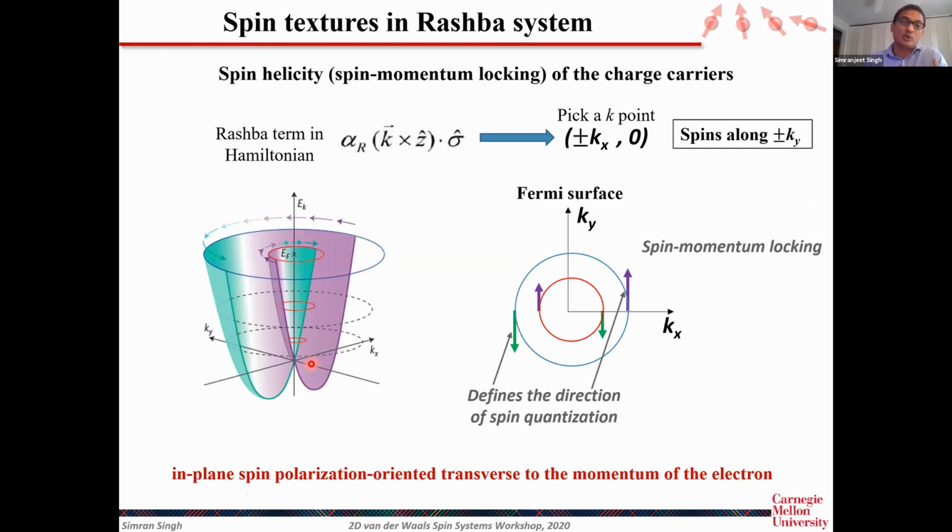And this has been probed in a number of systems, including graphene, TMDs, and also conventional oxide systems, and also in topological insulators. The only difference is you have only one spin momentum locked Fermi contour, right?